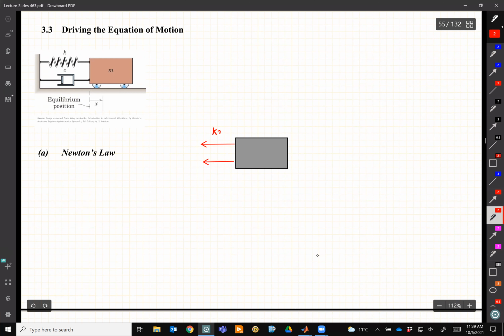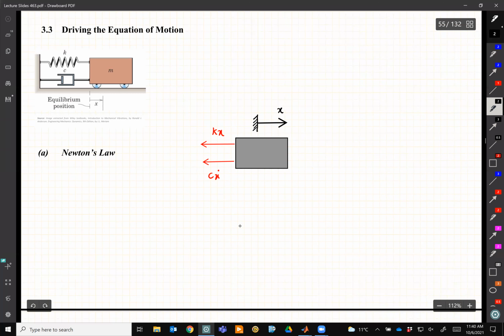This is kx, this is cx dot. And this is the variable that we decided. Remember, this x is up to us. We can show it in any direction that we want. But depending on that, we will show these kx and cx dot, the direction of those.